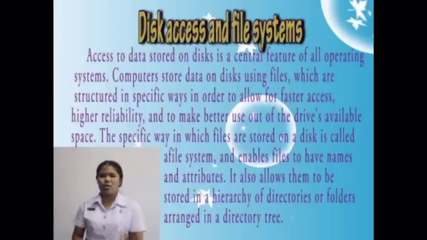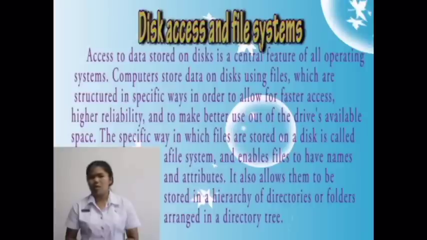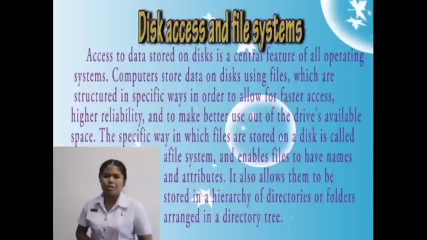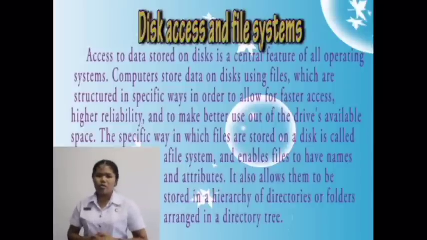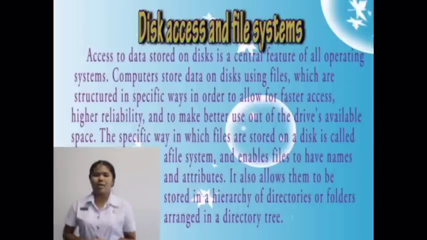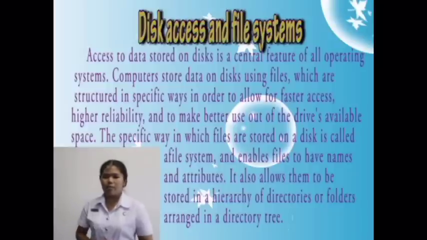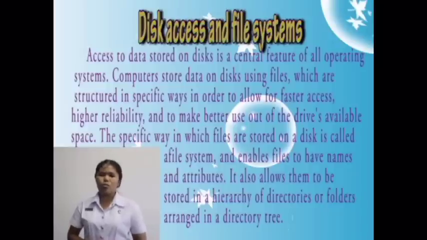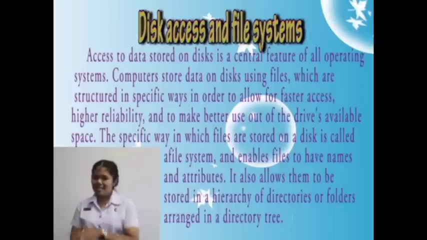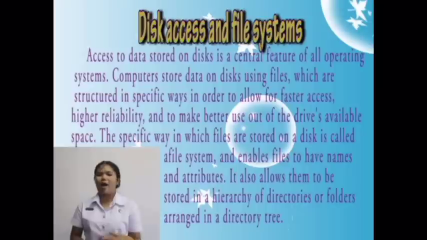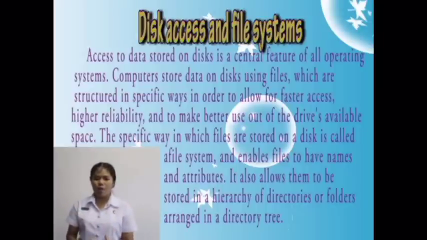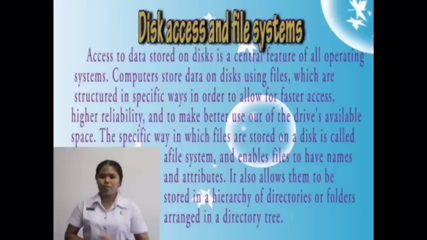Access to data stored on disk is a central feature of an operating system. Computers store data on the disk as files, via instructions specifying where in order to allow faster access and to make better use of the available drive space.